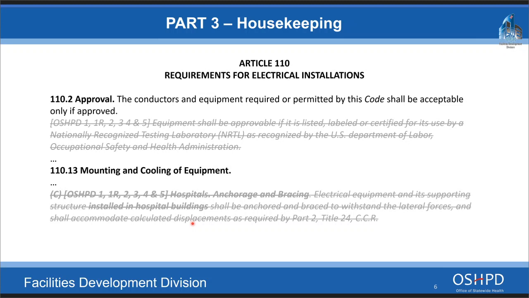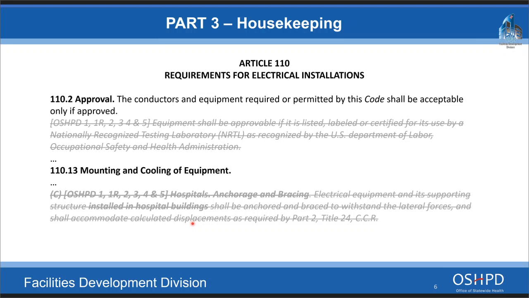So for redundancy, we removed this. It could pose a problem, so after further discussion, we will be adding this back into the 2022 electrical code. But to be clear, OSHPD requires all equipment to be listed by a testing laboratory recognized by OSHA.